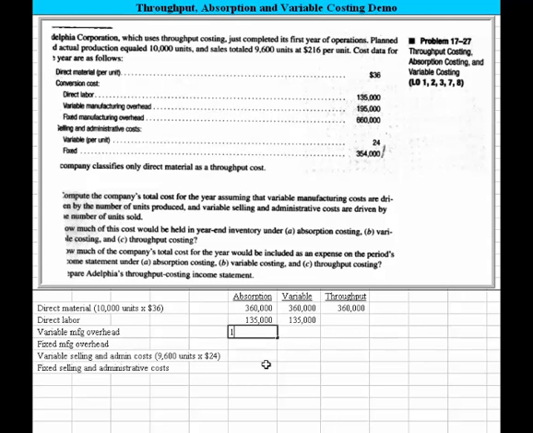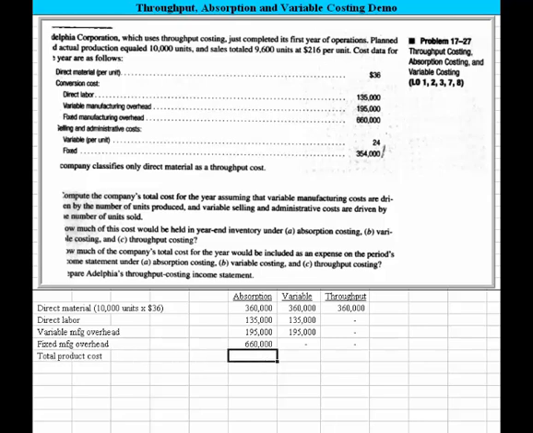Variable manufacturing, the same thing. And under absorption is the only place where we apply the fixed manufacturing overhead. In the others, those are going to be 0. I'll put those right there. So now let me get rid of this and type in what we would call a subtotal here, which would be the total product cost.